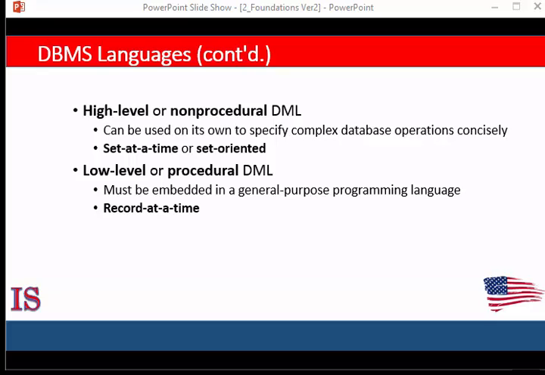Low-level data manipulation languages are also called record at a time. Casual end users typically use a high-level query language to specify their request, whereas programmers use the data manipulation language in its embedded form. For the less experienced users, there is usually a user-friendly interface for interacting with the database. These can also be used by casual users and others who do not want to learn the details of a high-level language.